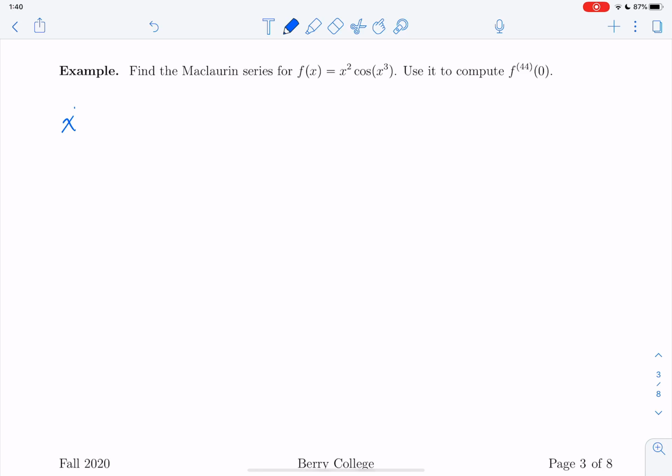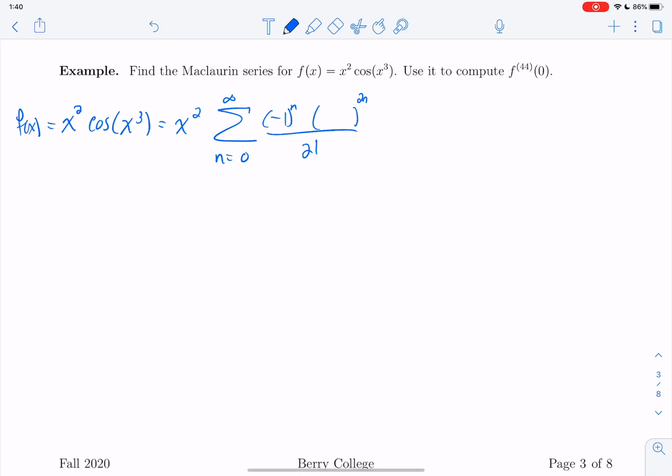In this case, f of x equals x squared cosine of x cubed is just going to be x squared times the sum from 0 to infinity. So cosine would just be negative 1 to the n, and then we'd have x to the 2n over 2n factorial, where x cubed is now the bit that goes inside of the substituted area.